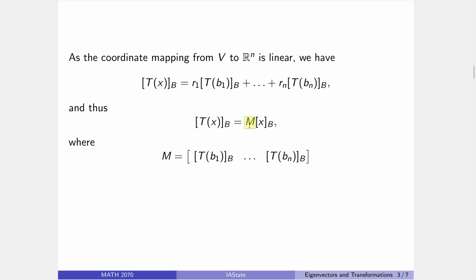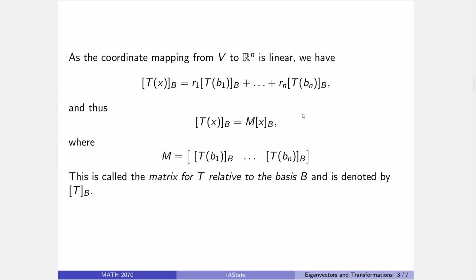There's a matrix that lets me jump between the two. We call this the matrix for T relative to the basis, and we denote it by T sub B. So we now have a way of taking any linear transform on an arbitrary vector space and converting it over to a matrix that we can work with.